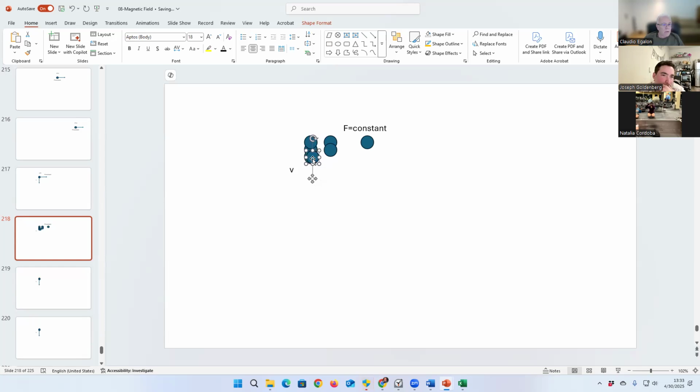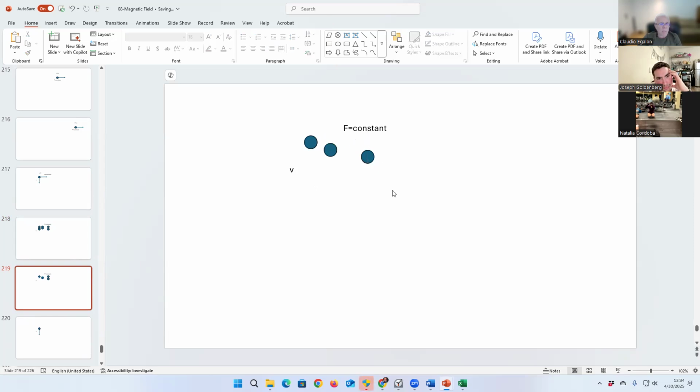It's like a two-dimensional motion. Now I'm going to remove the unnecessary points. I will remove this one, this one, this one, and this one. See that the path of this guy is a curved path. We can go for the next one too.